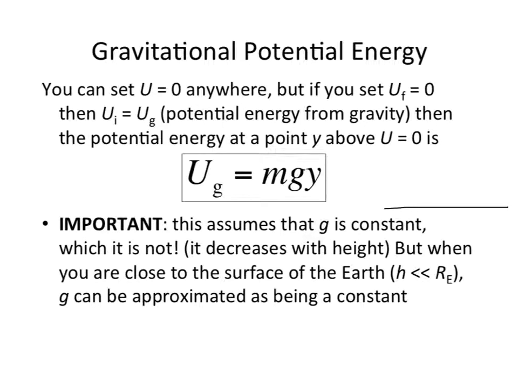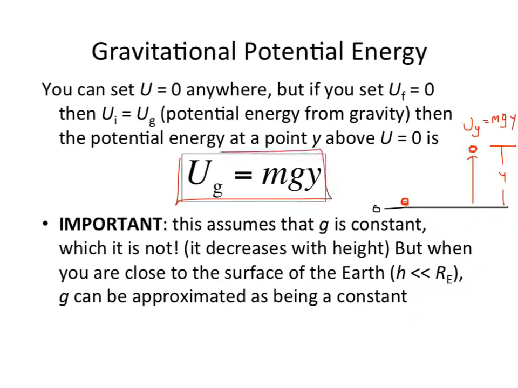So if you call this 0, that level 0 right there, then if you take a ball or any object and raise it up to some height, you're putting potential energy into that. The gravitational potential energy that it has is going to be equal to the force that is applied to bring that up. What force do you have to apply to raise a ball up in the air? Well, you've got to apply a force of mg, whatever the mass of the ball is, times gravity. You've got to apply that force over this distance y right here, from there to there. And so that's why the gravitational potential energy that an object has is going to be mgy.